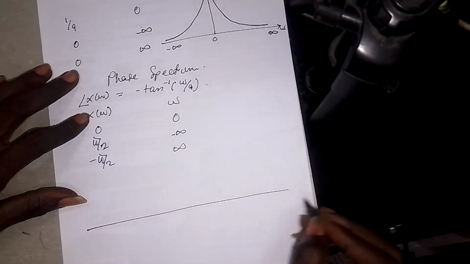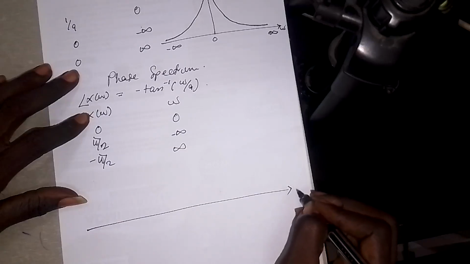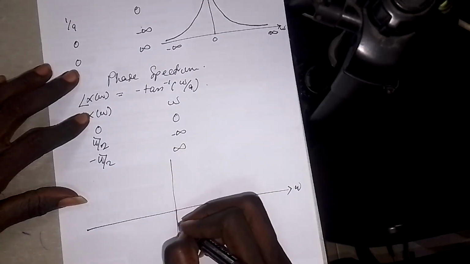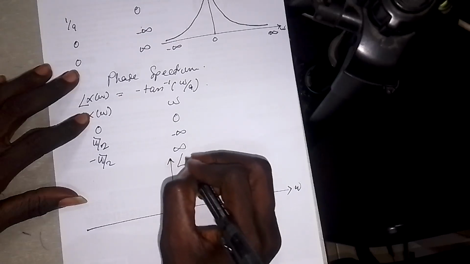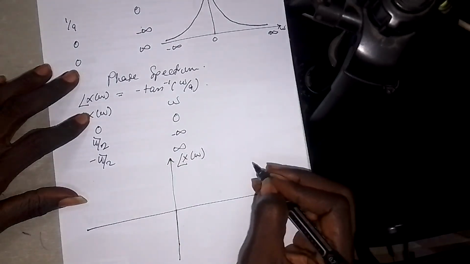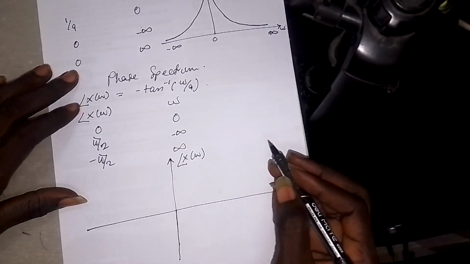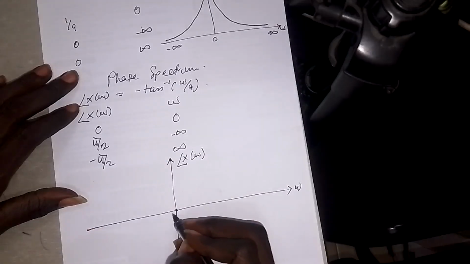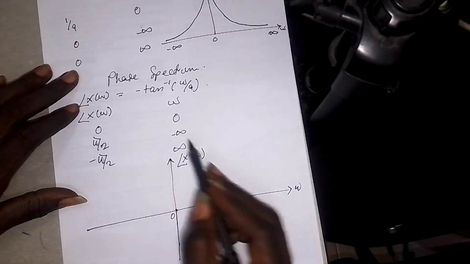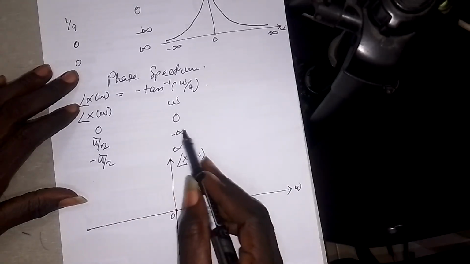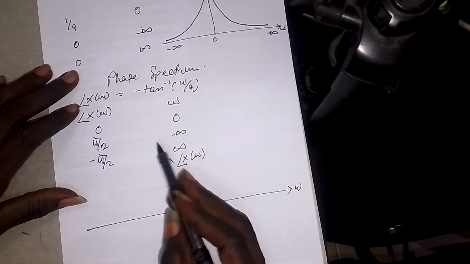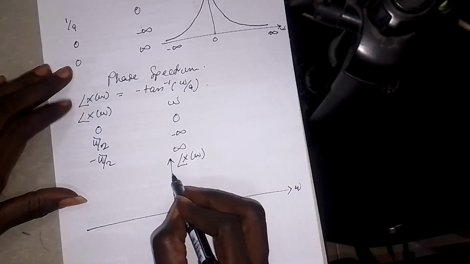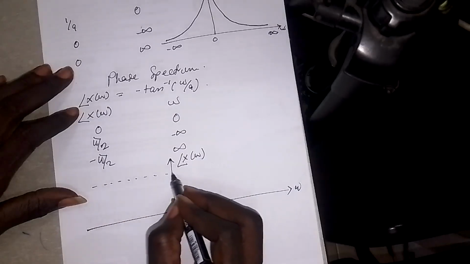So this is the phase spectrum, with omega on one axis and X of omega angle on the other. Here we have 0, 0, and then pi on 2 and minus infinity. To plot this, imagine we have pi on 2 on the y-axis, so we plot it this way.